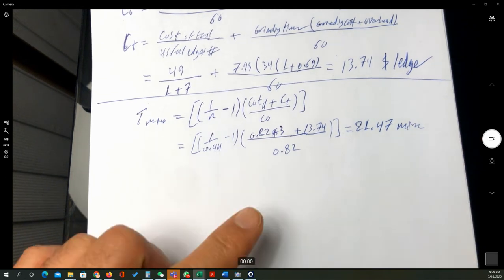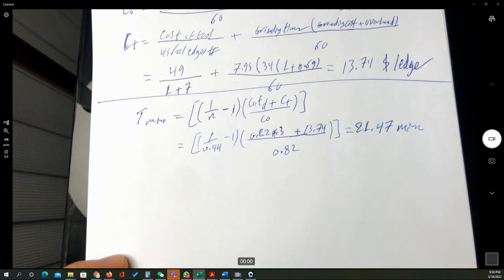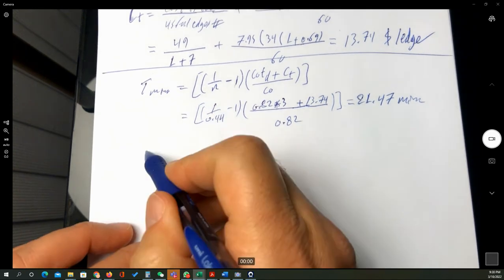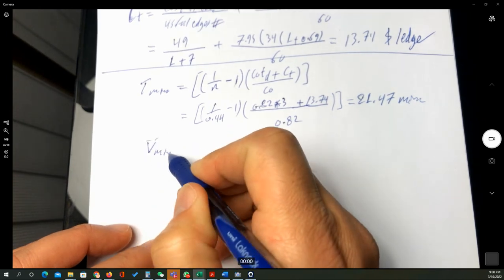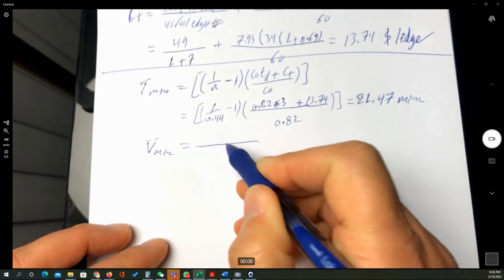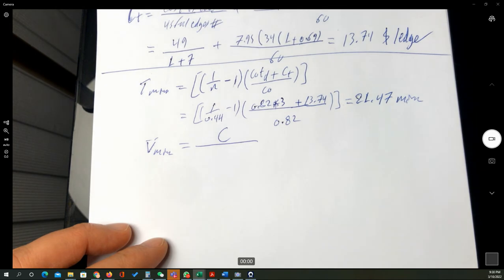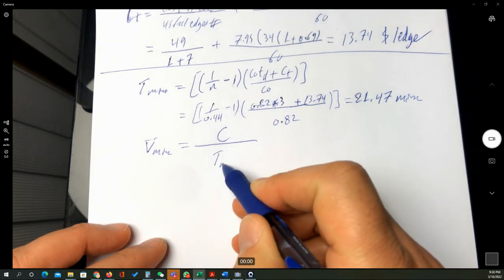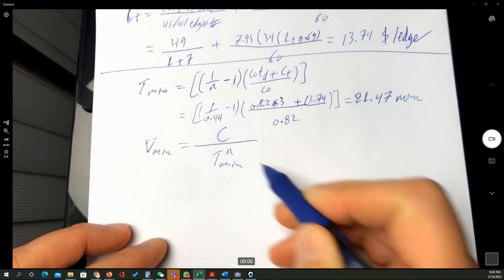Now, this tool life is going to be achieved if I can use the minimum cutting speed. So what will be the minimum cutting speed? I'm going to rearrange the Taylor equation to C divided by T minimum up to power n.